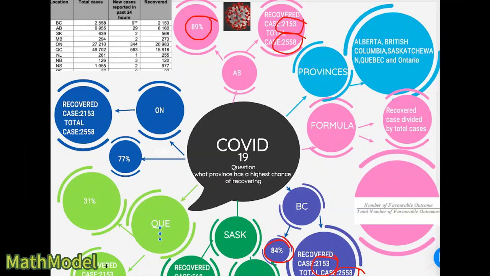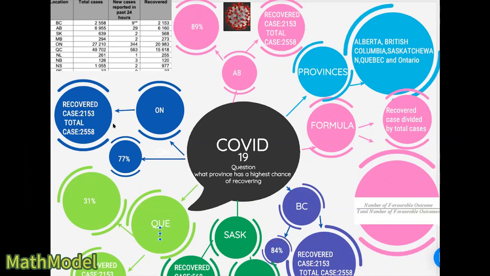For Quebec, there's 49,702 cases and 15,618 recovered cases. So it would be approximately a 31% recovery rate.